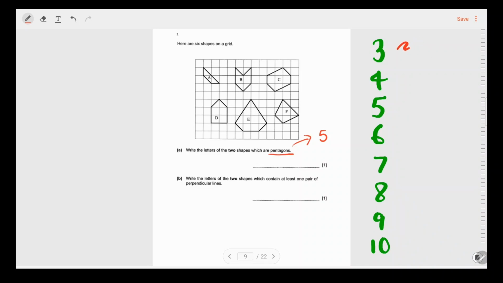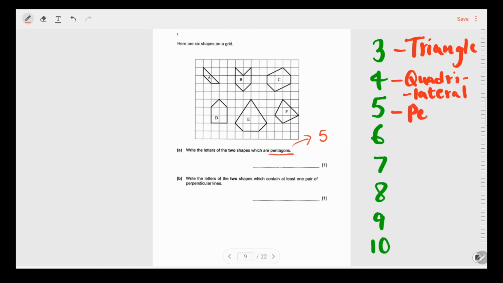So this is a triangle. These are quadrilaterals. Please don't write words like this. I just have no option. Just write them in a straight line.